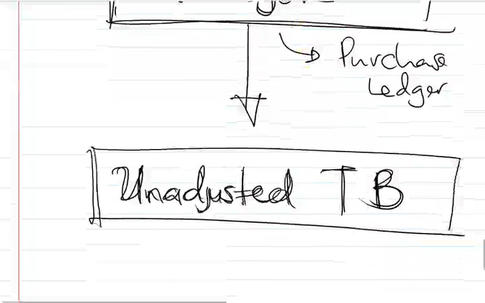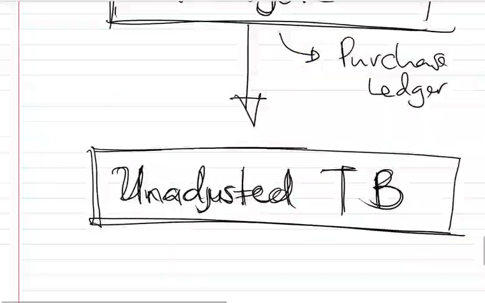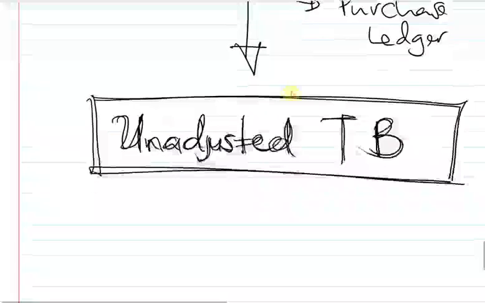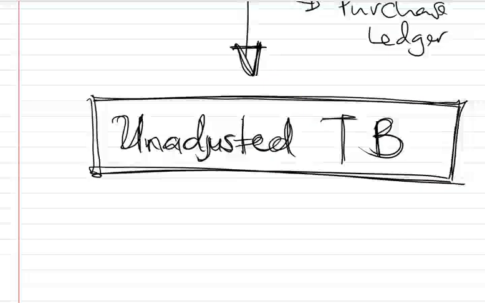Some of the year-end adjustments are items like depreciation, showing closing inventory, showing prepayments and accruals.